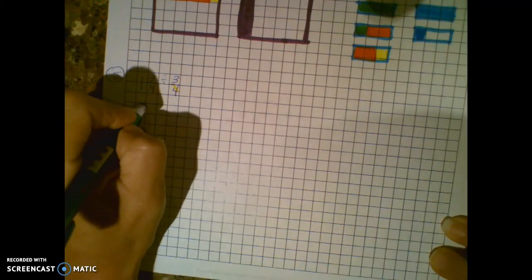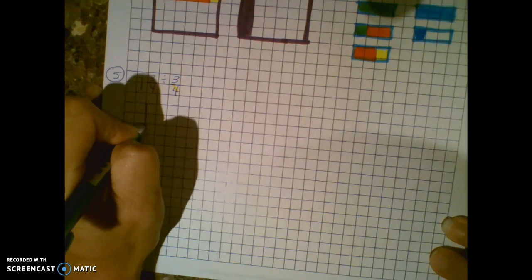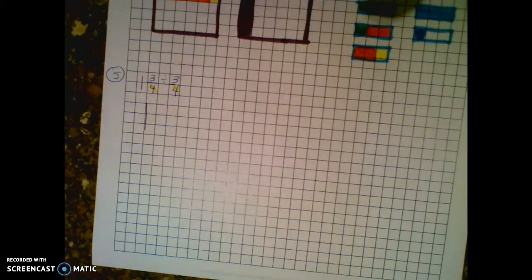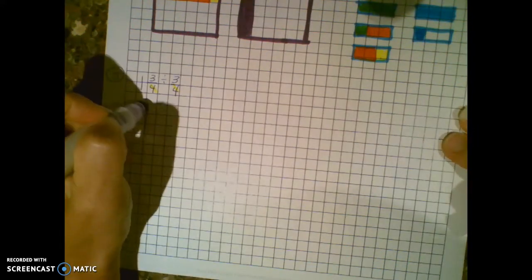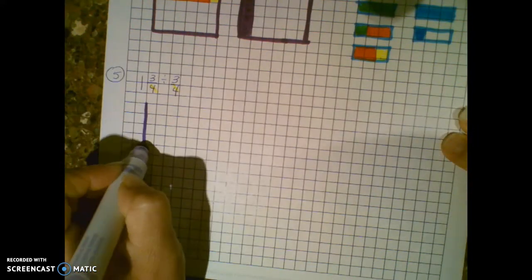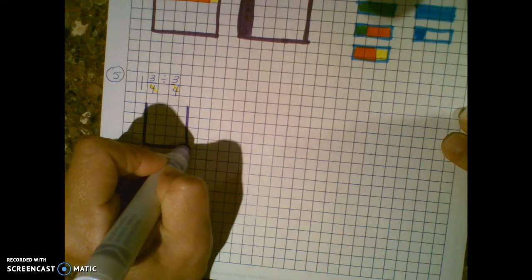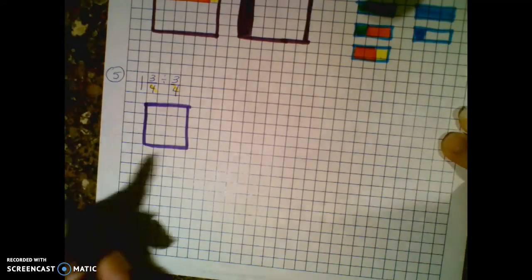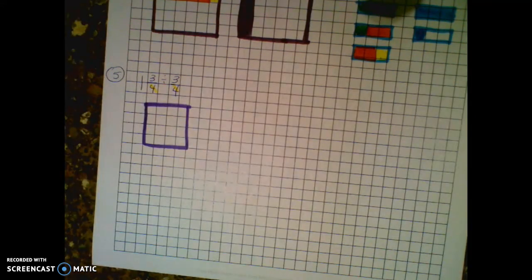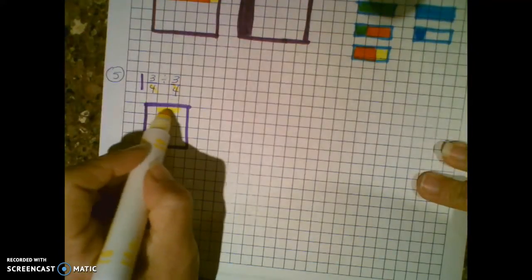I'm going to make a 4/4. Oops, let me use my marker here so it shows up better. 4/4. Okay, and because I want 1 whole, I'm going to shade in all of that model.